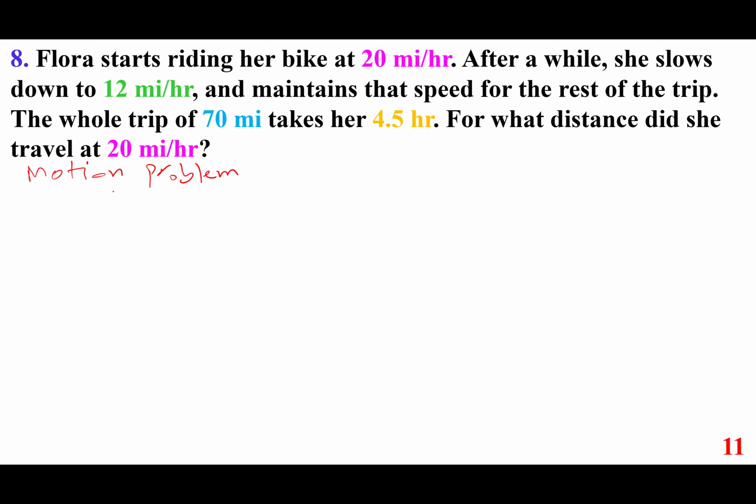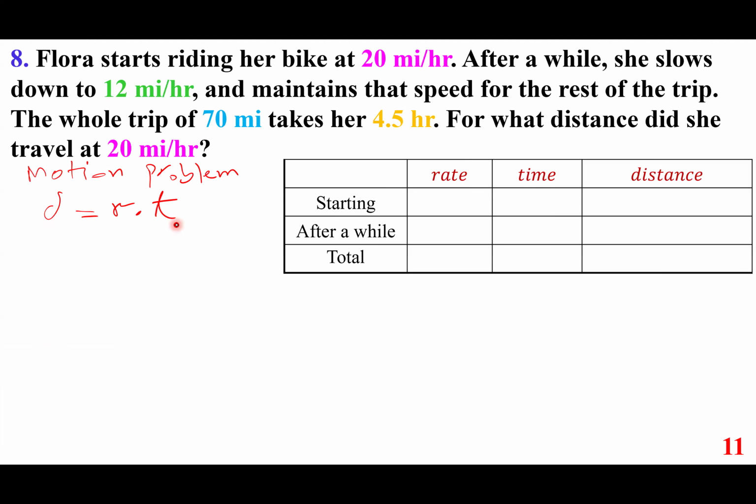Where D equals RT. D is the distance. R is the average speed. T is the time. So we have a table, and we're going to plug in what we have. So rate, time, distance, their product is distance. So when we start, the rate is 20 miles per hour.